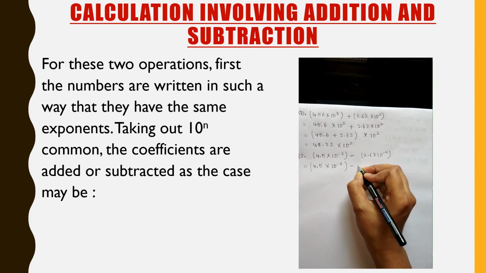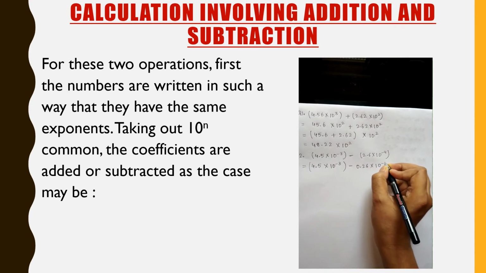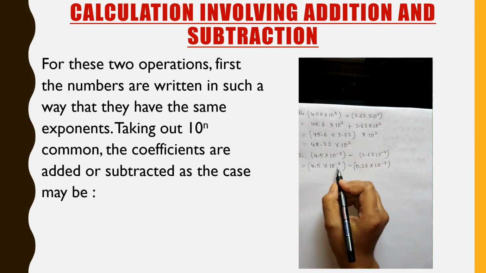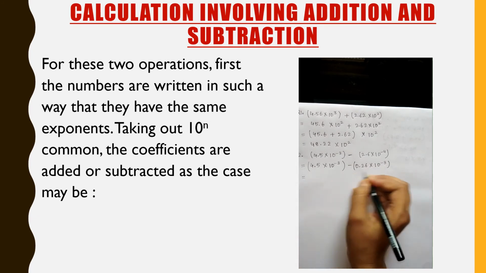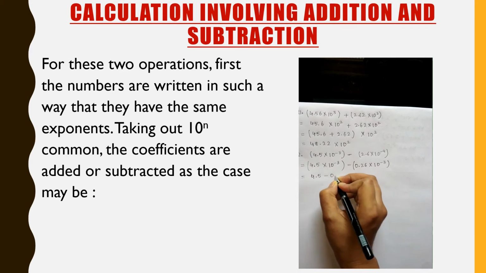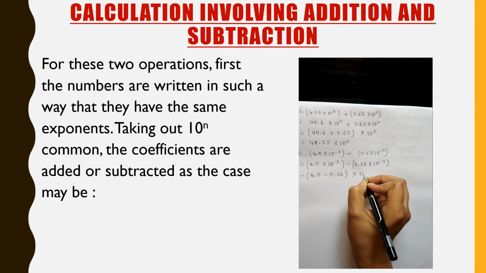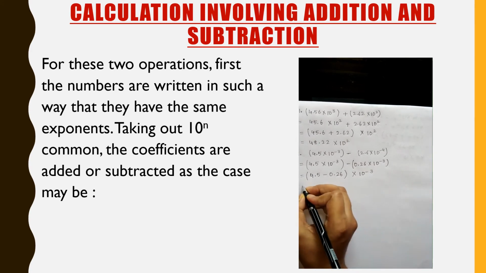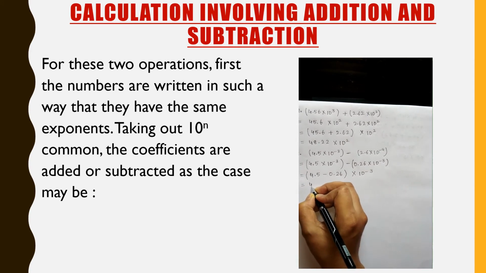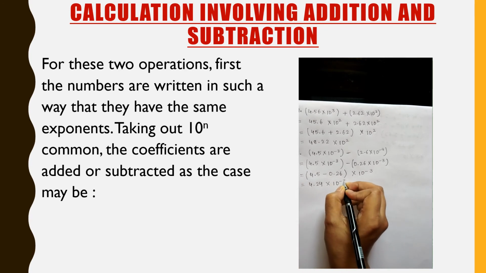For changing, we can write it as 0.26 into 10 to the power minus 3. Now the exponents are similar. Taking out the exponent common, we can write 4.5 minus 0.26 into 10 to the power minus 3. So what we get is 4.24 into 10 to the power minus 3.